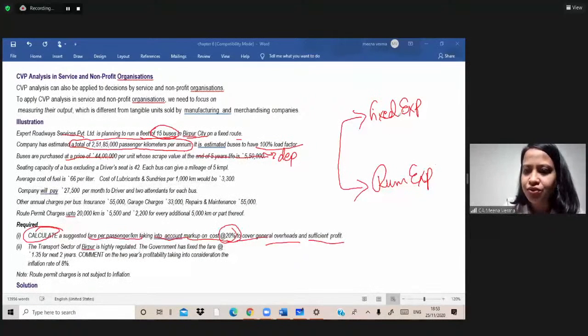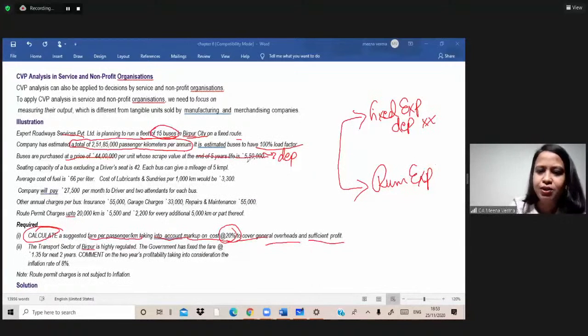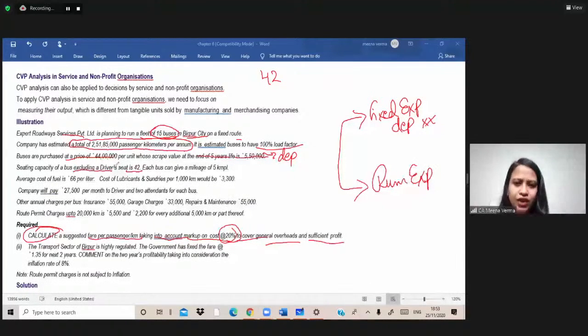Depreciation is nothing but a fixed expense, so you can find the depreciation value and write it here. Further information: the seating capacity of the bus is 42, excluding the driver's seat. Remember, always read the question very carefully.